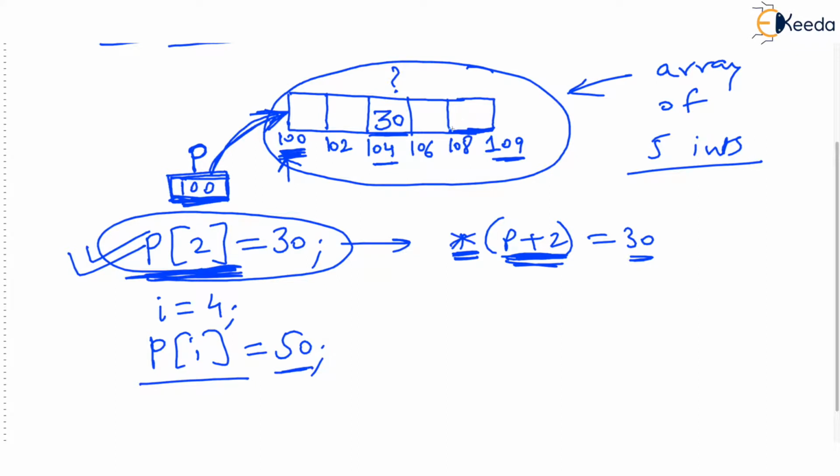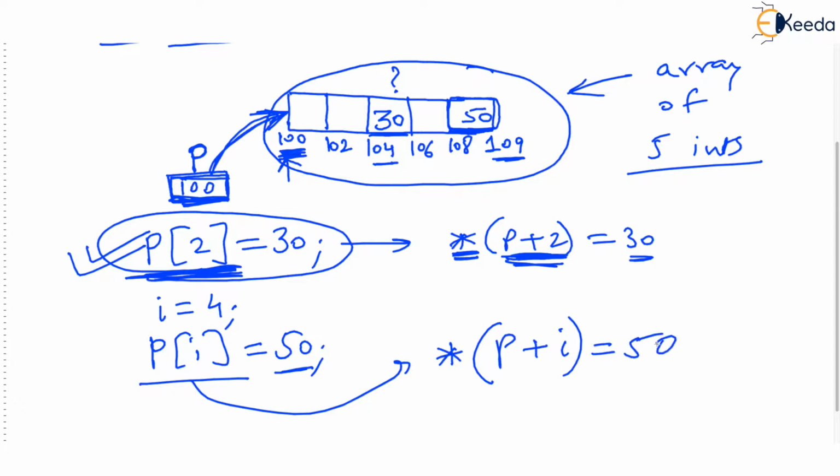This fourth location of the array is going to store 50. But what does that mean? P[i] actually means go to the address P plus i, and then the value at that address should be 50. This is the meaning of the statement actually, isn't it? Or this is how it is interpreted by the C language.